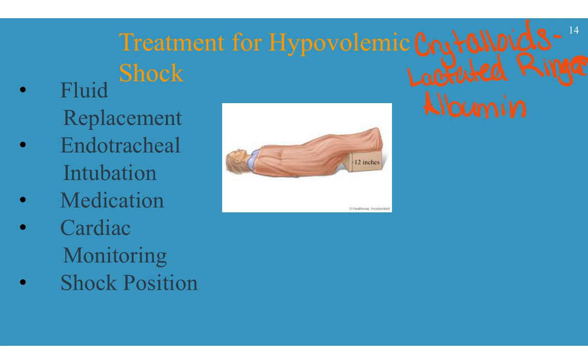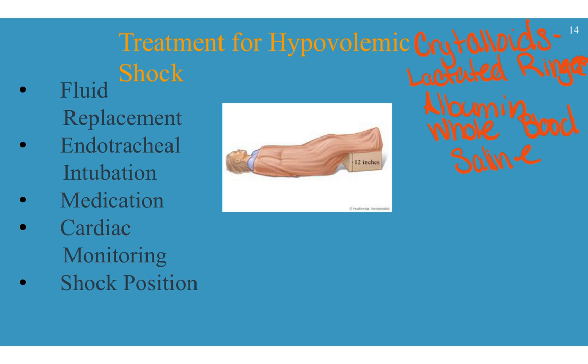Albumin is a protein that your body naturally makes, but remember, it's in the plasma, and it's going to work with the osmotic pressure to pull that fluid that has been third spacing back into the vasculature to help improve our blood pressure. We can treat with whole blood as well, and saline. So fluid replacement is going to be imperative.